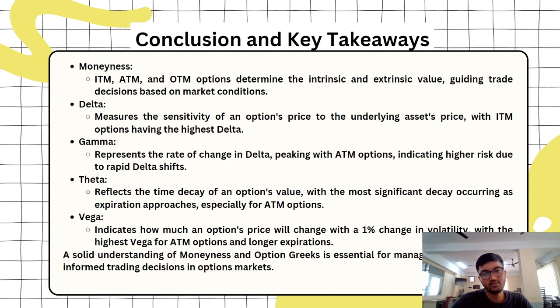What are the key takeaways from the last lecture and this lecture? ITM, ATM, OTM options determine the intrinsic and extrinsic value, guiding trade decisions based on market conditions. Most things work opposite for at the money, and you can actually go and trade in the money options, as my advice.